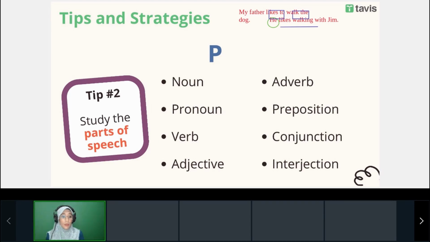Yes, it is also a verb. It tells us what the father is doing, where he likes to walk the dog, where he likes. And then what is he liking in doing? Walk the dog.